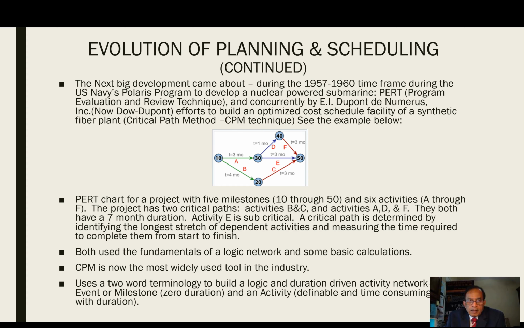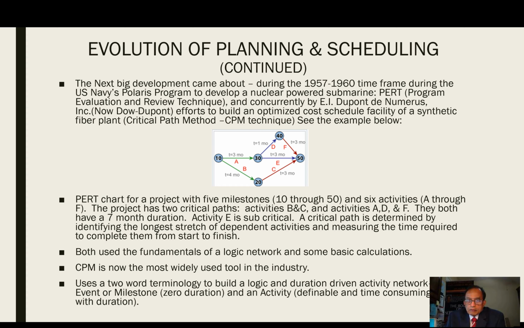The next big development came about during the 1957 to 1960 timeframe, during the U.S. Navy's Polaris program to develop a nuclear-powered submarine. That's when the PERT program, as it is known, was developed, which stands for Program Evaluation and Review Technique.